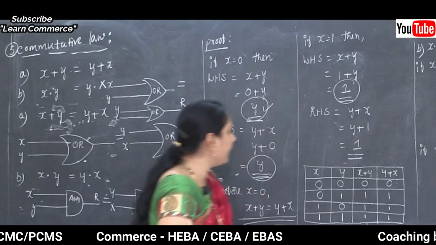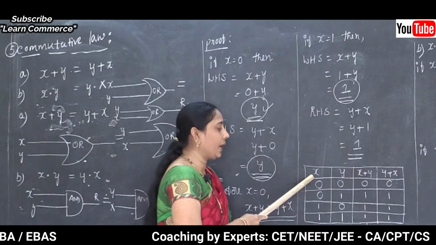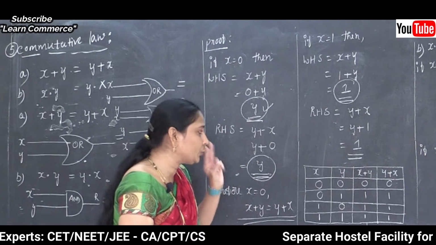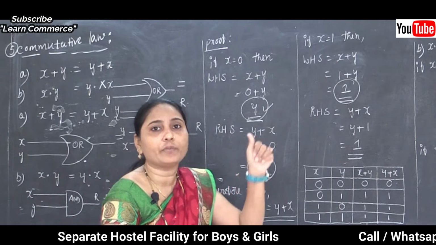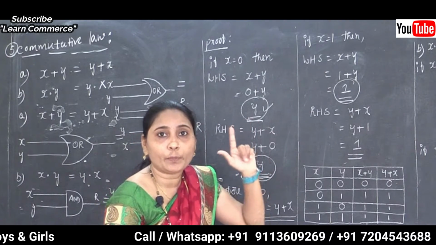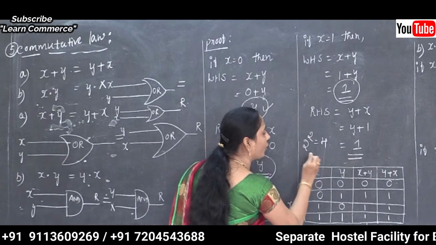Okay, and for the truth table, first of all before creating it you should know how many variables there are. Two variables are there, the variable names are x and y. So 2 to the power of 2 is equal to 4 rows.